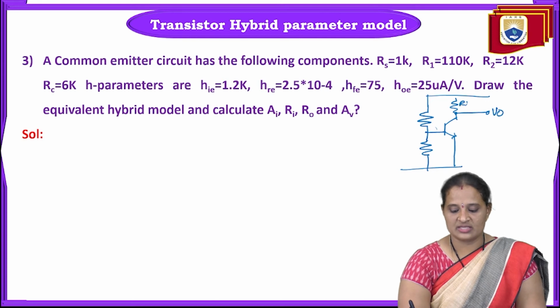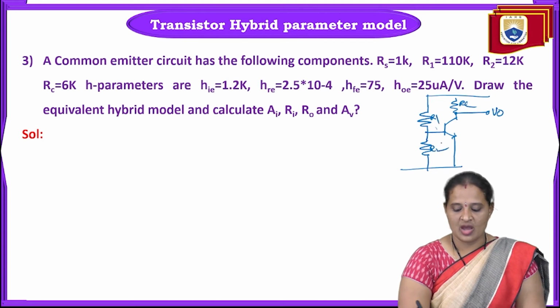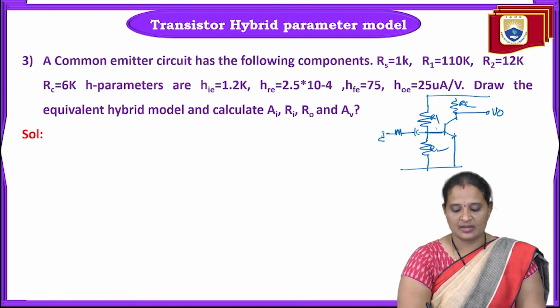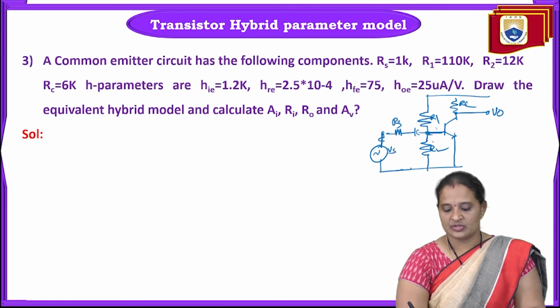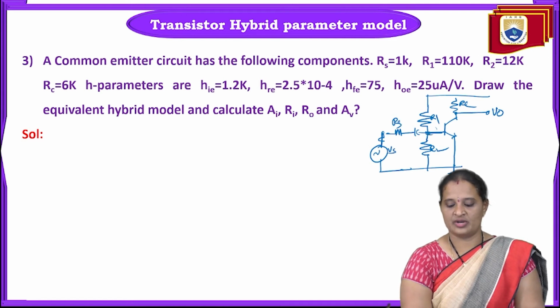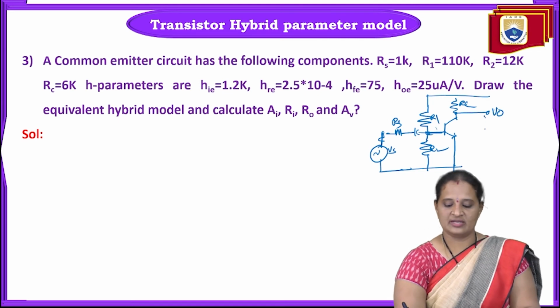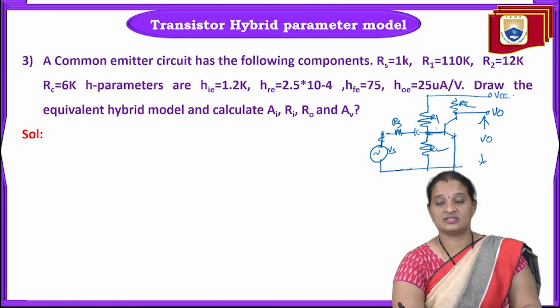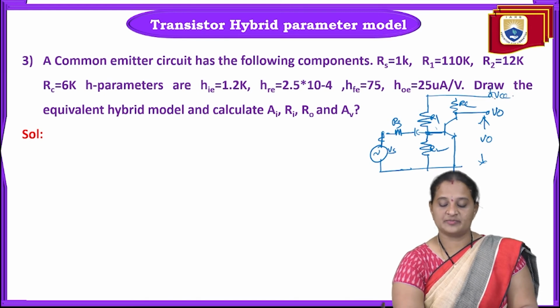This is V0, this is RC, R1, R2, we do have RS, okay, and we have a voltage source, that is VS, this is RS, right? So now this is grounded. So this is the equivalent circuit. This is V0 we are taking. So this is the transistor circuit for the given specifications.